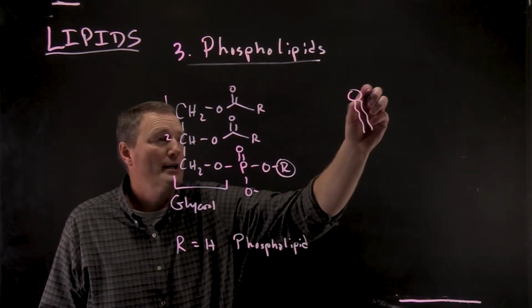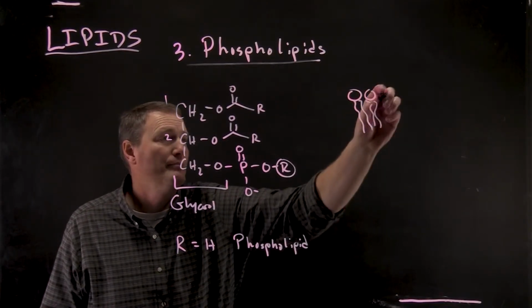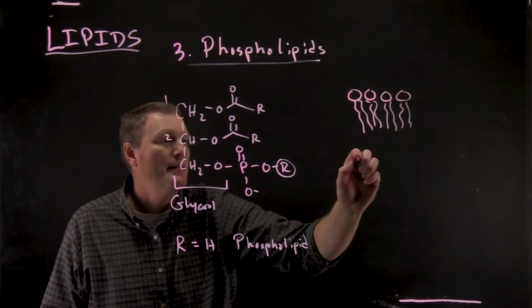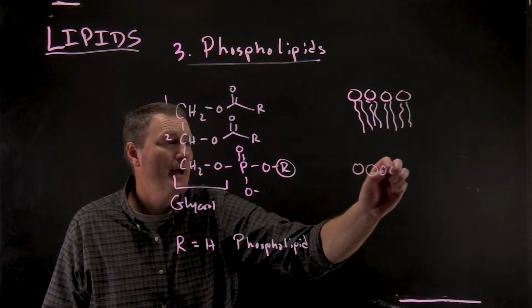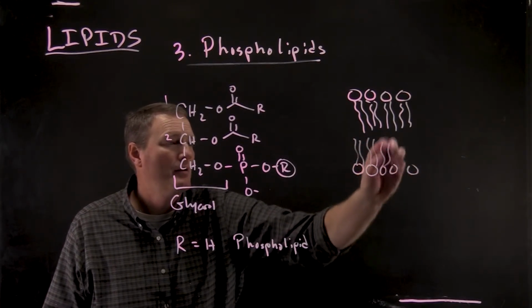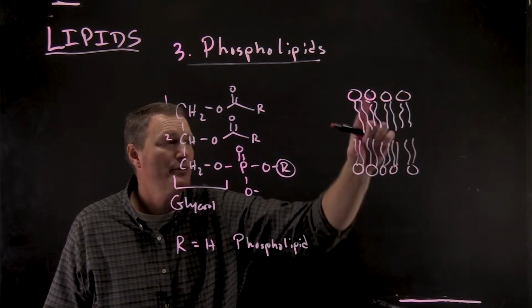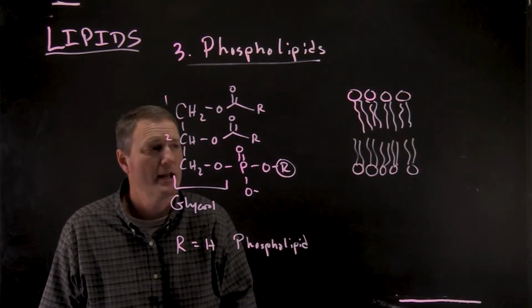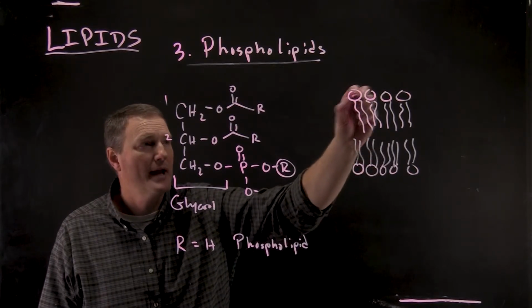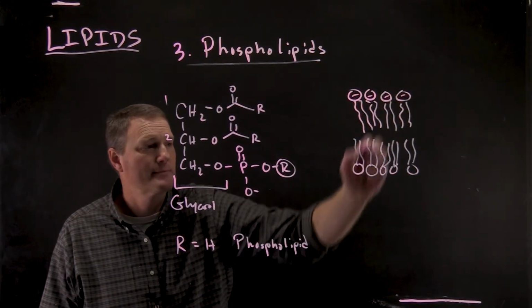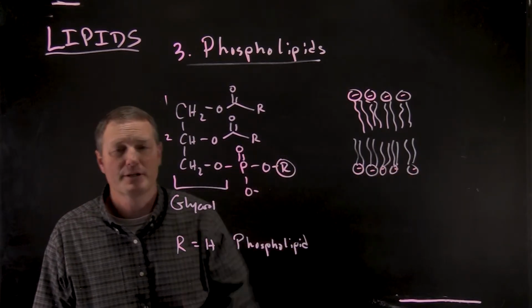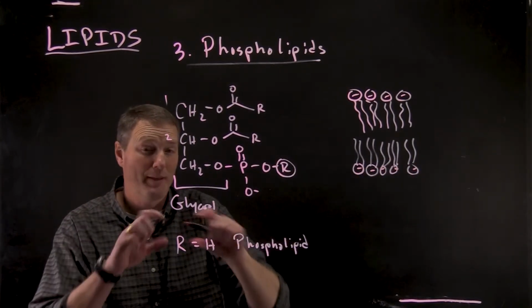When you put these into water, instead of forming a micelle, they will form what's called a lipid bilayer. The long hydrocarbon chains do associate in a hydrophobic core region, but the negatively charged phosphates that are here as part of this position tend to form a bilayer.